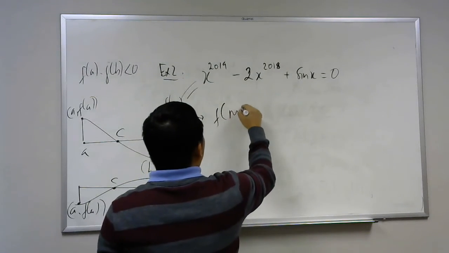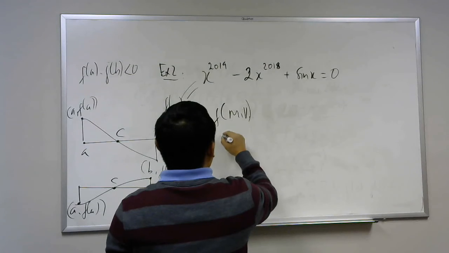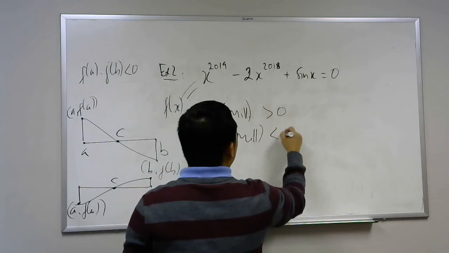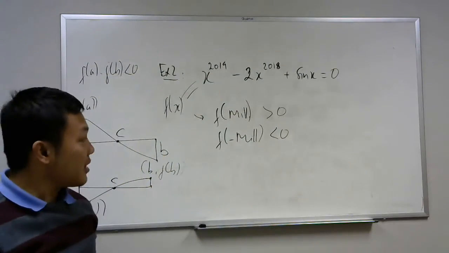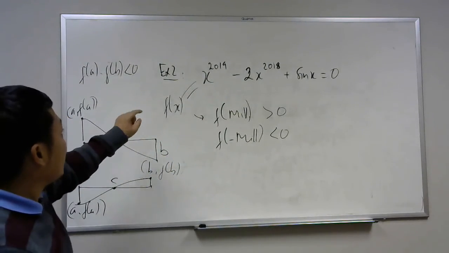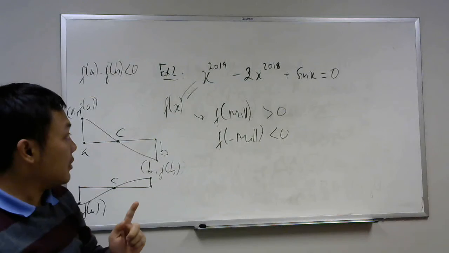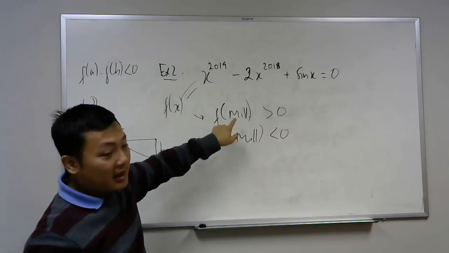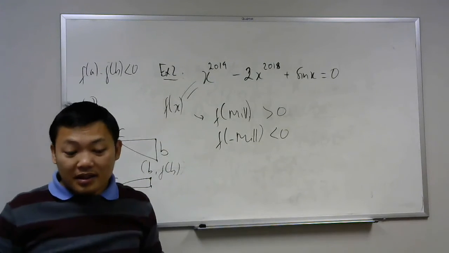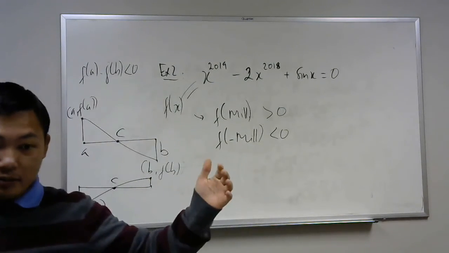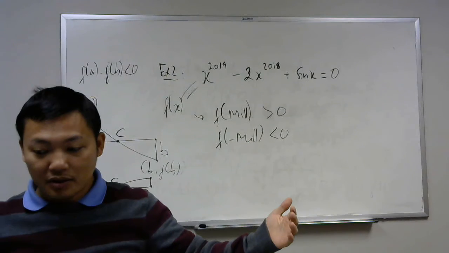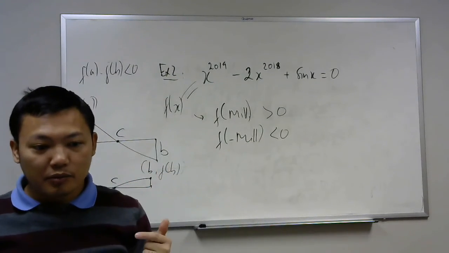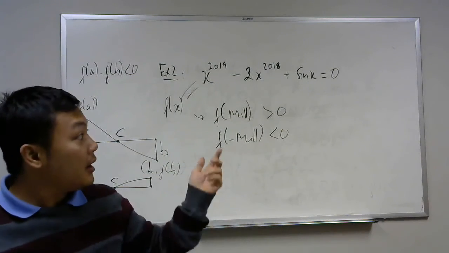This is greater than 0, and this is less than 0. So that means by the IVT theorem, there exists at least one solution of this equation between -1 million and positive 1 million.